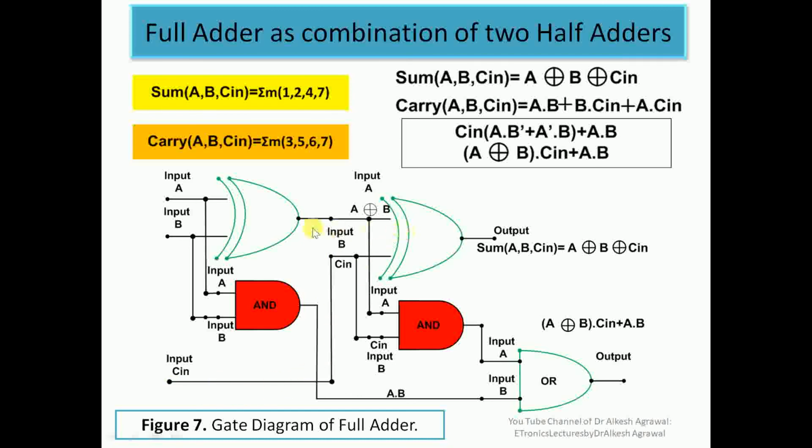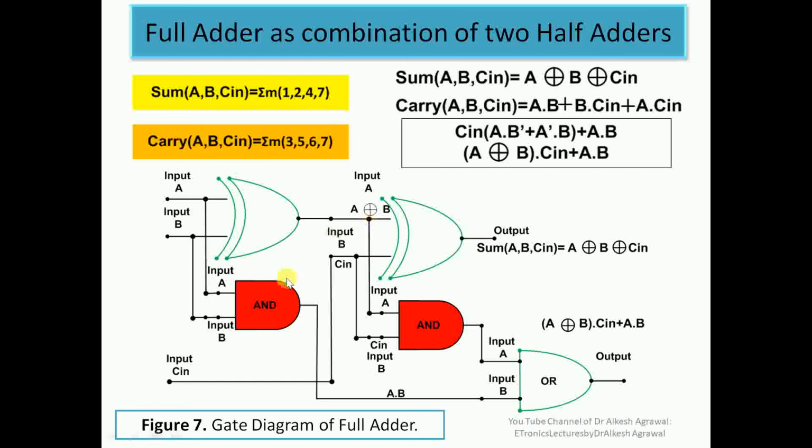So in both the half adders we have two inputs. Now we'll explain how it works. This output is A exclusive or B, which is input to the next half adder, and another input is C in. So the final expression of sum we get is A exclusive or B exclusive or C in. So this is the sum.